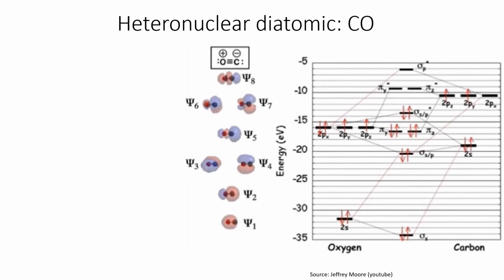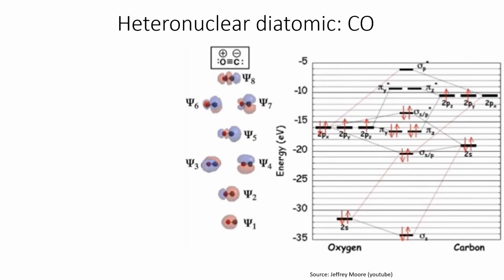So, getting stuck into carbon monoxide in a bit more detail, we've got a molecular orbital diagram on the right hand side. What's nice about this molecular orbital diagram, provided by Geoffrey Moore on his YouTube channel, is that we've got energy on the y-axis, so it's nice and quantitative.